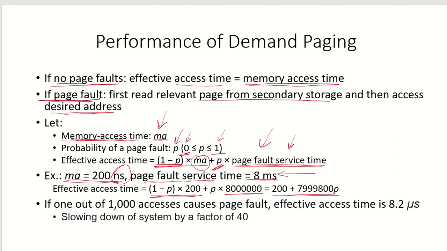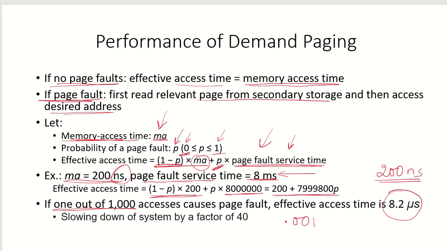Now if P is 1 out of 1000 accesses, that means P is 0.001, this being the probability of a page fault, then the effective access time becomes 8.2 microseconds. Otherwise it was 200 nanoseconds.